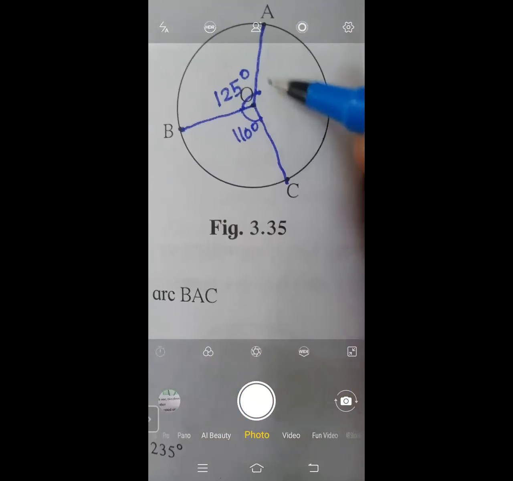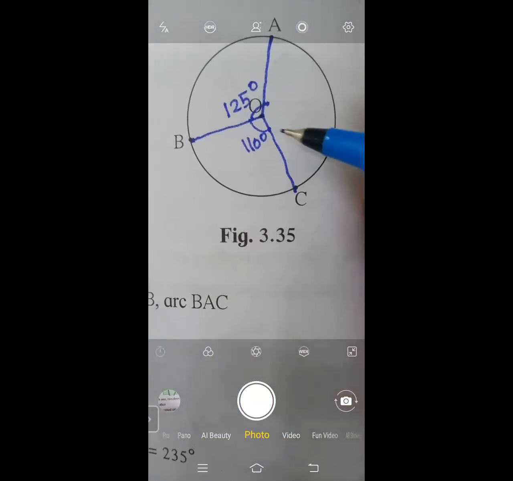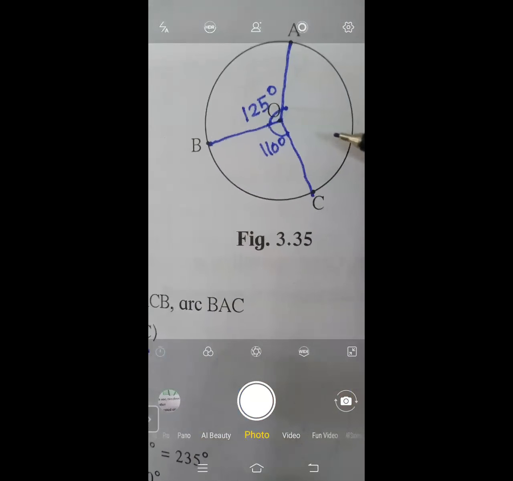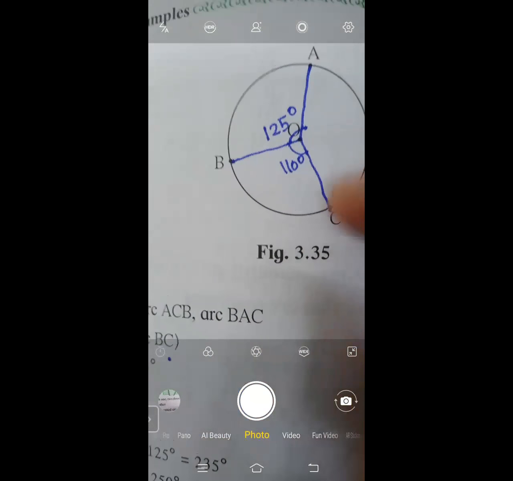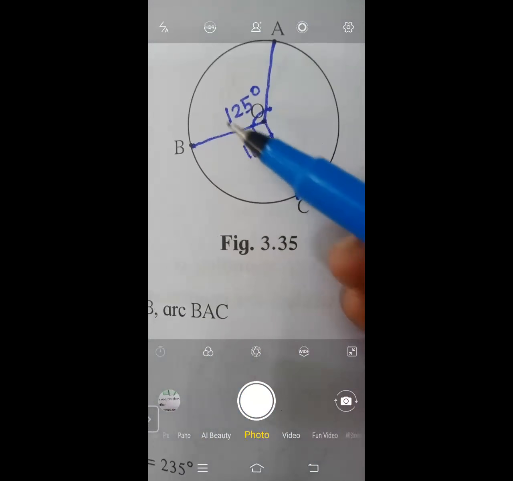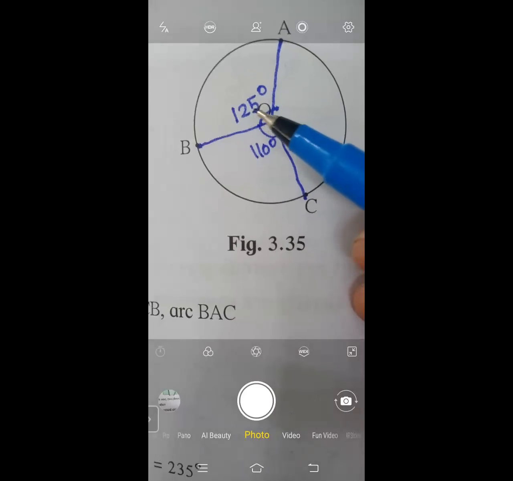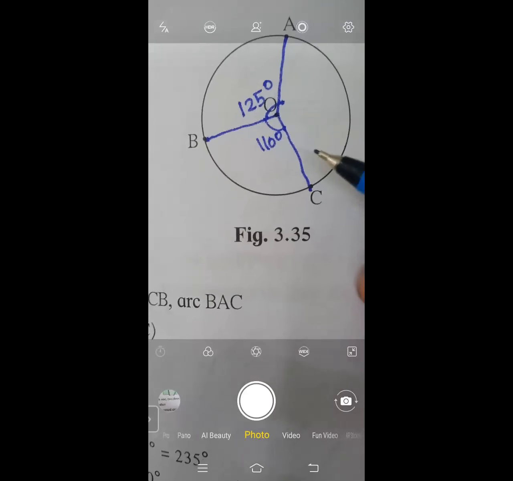Yesterday we studied that the measure of a semicircle is 180 degree, whereas the measure of the whole circle is 360 degree. So I have to find this part, and the rest I know. So I will subtract it from 360 degree to get my desired arc AC.